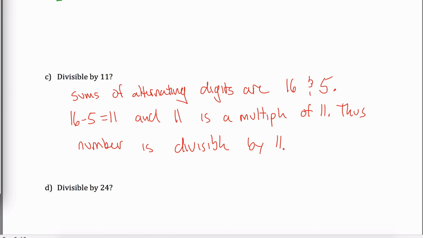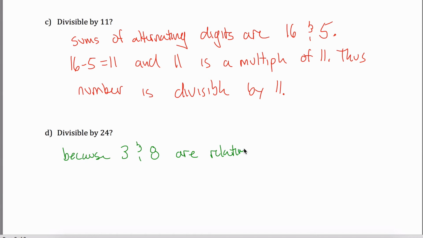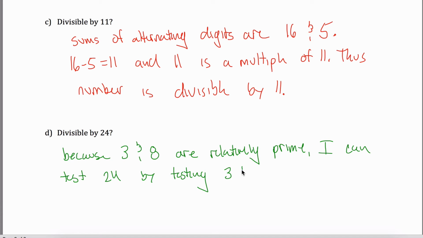What about 24? To check 24, I don't have a trick for 24, but I can check other tricks. I have an 8 trick and a 3 trick. Because 3 and 8 are relatively prime, I can test 24 by testing 3 and 8.